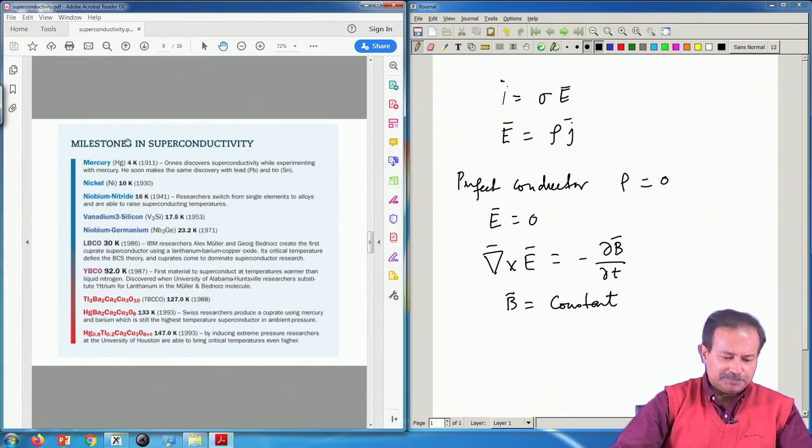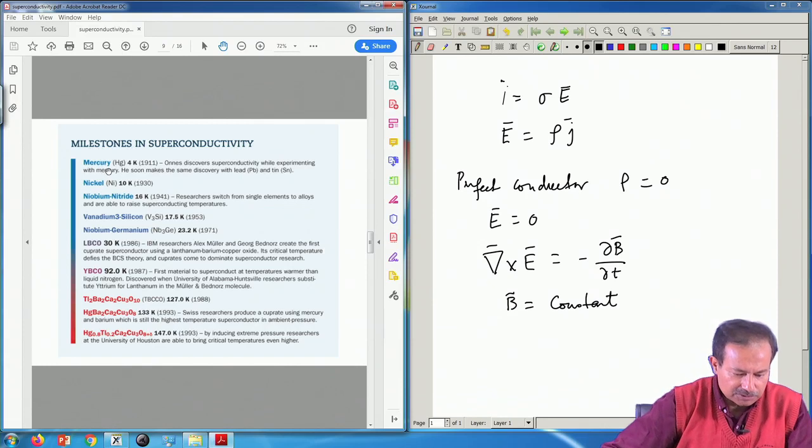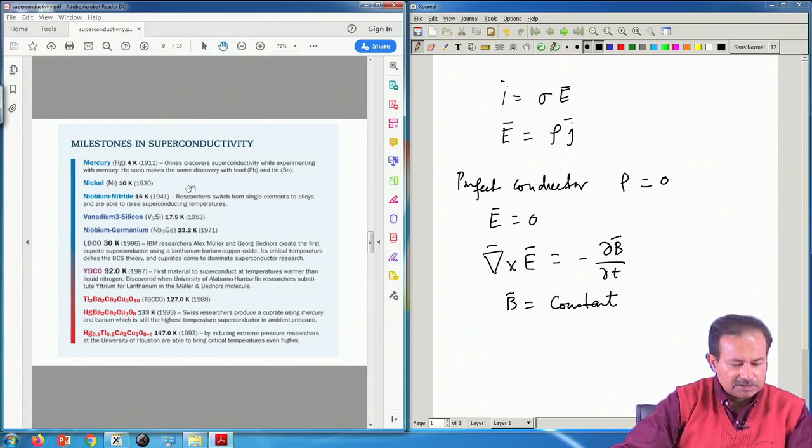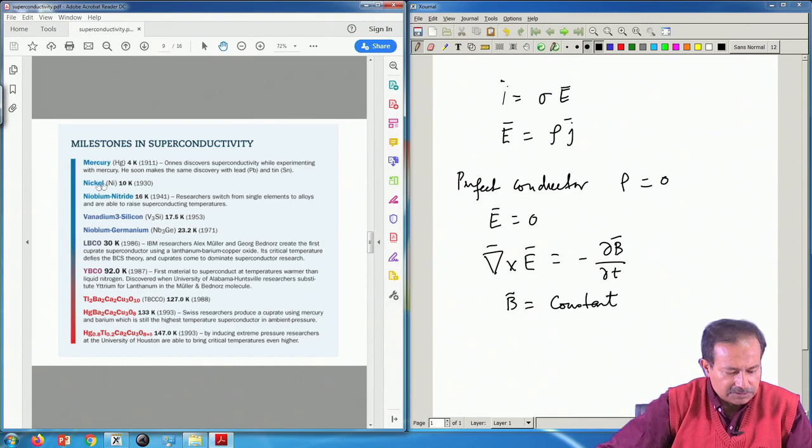This is a part of history, and it should be told at least once. This is the discovery, just above 4 degree Kelvin, in 1911. Then in nickel, 10 Kelvin; niobium nitride has a fairly high Tc, for example, in 1941.